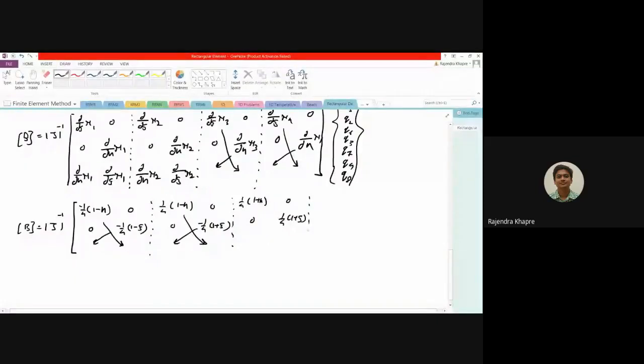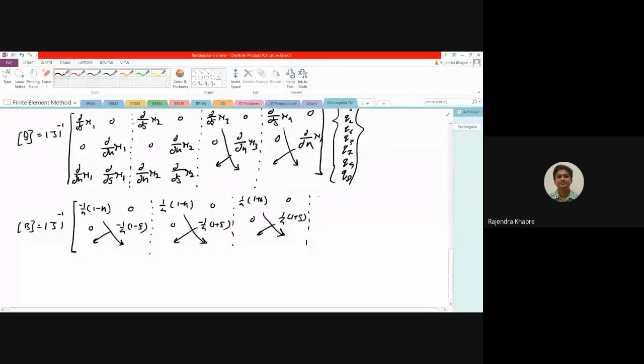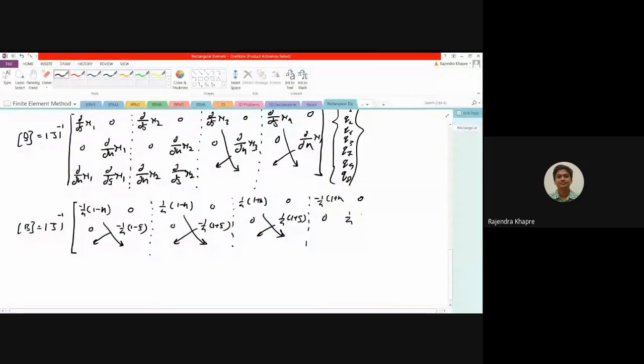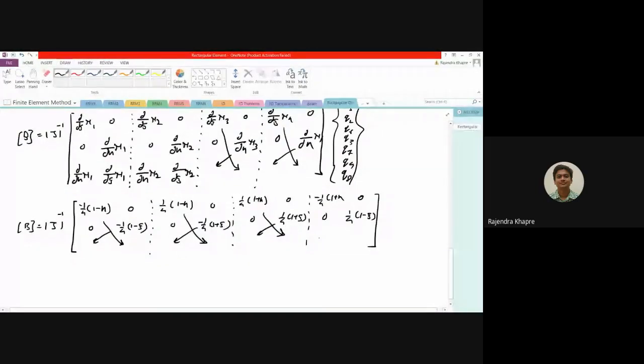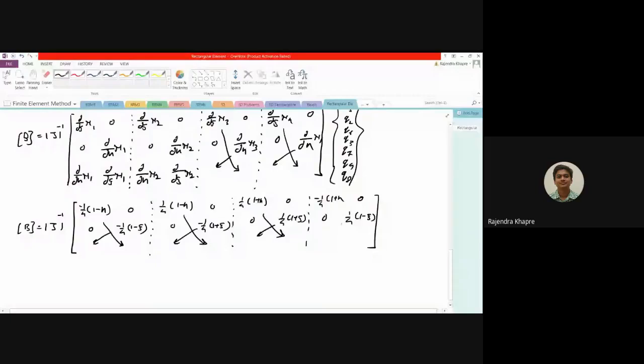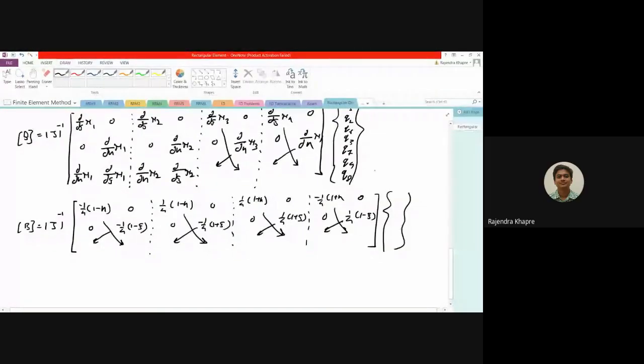This value will come over here, and this will be minus 1 upon 4 into 1 plus eta, 0, 0, and this will be 1 upon 4 into 1 minus xi. And here the same values will come over here, and here you will have this vector only.